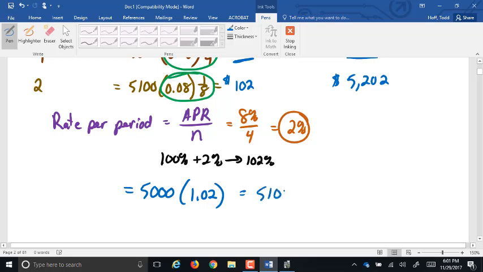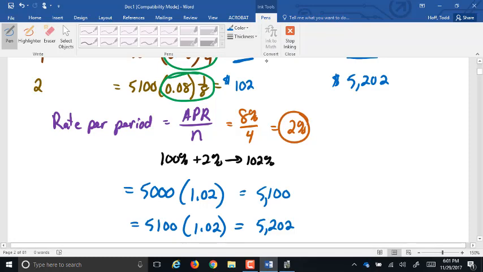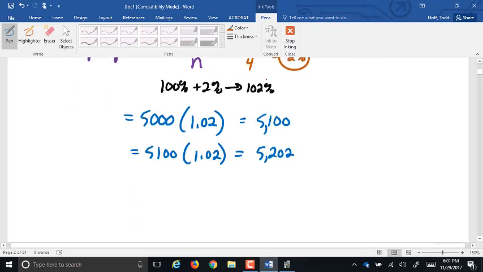Yes, that would give me 5,100. If I took that 5,100 and multiplied by 1.02, I do get 5,202. It gives me the same ending balance.